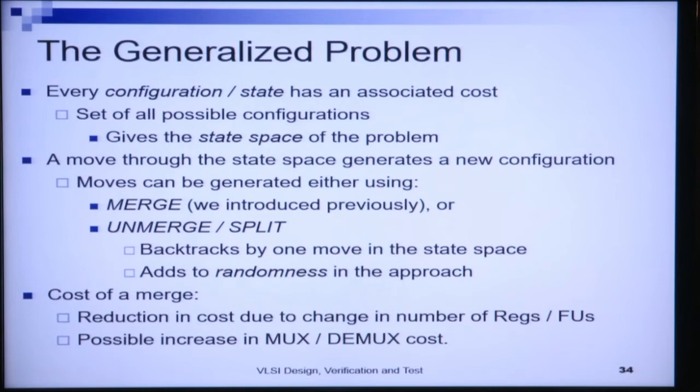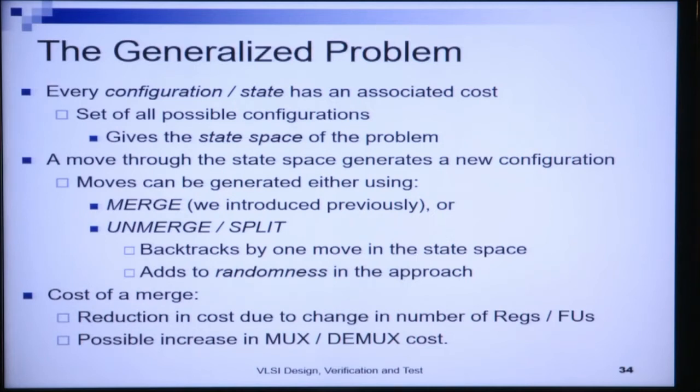Now every configuration or state has an associated cost. What is the cost of a configuration? A configuration or state in this conflict graph is a given merging of the functional units, registers, muxes, demuxes.